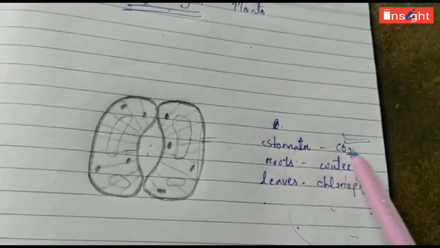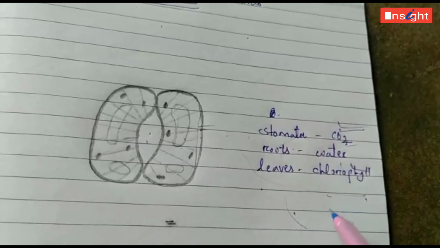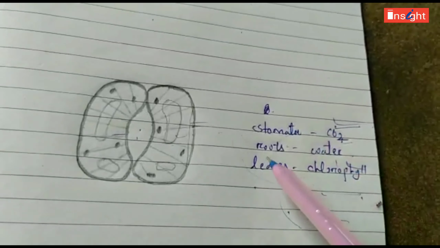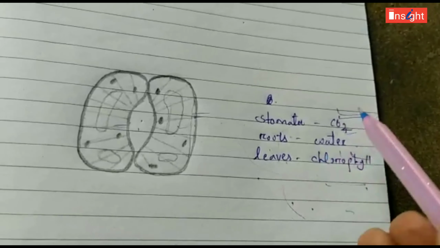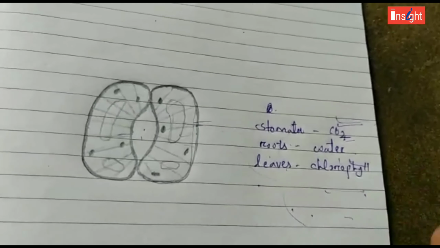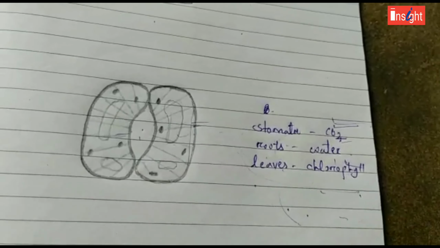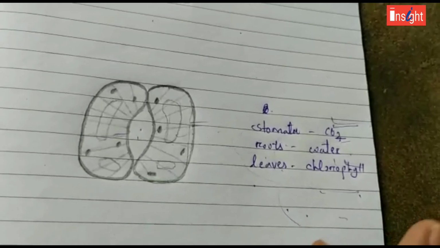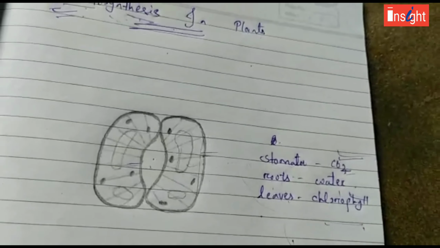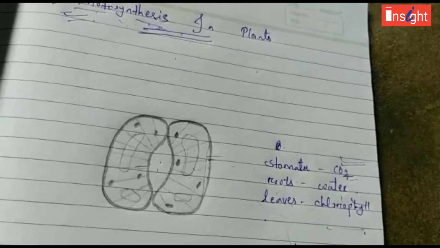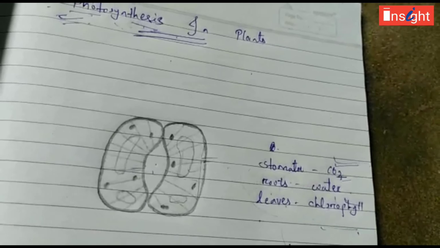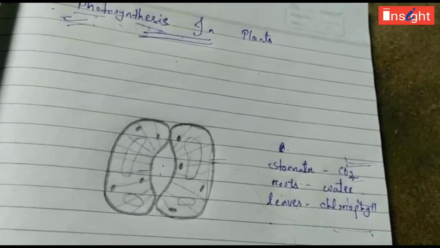So the process of collecting simple substances such as water and minerals from the soil, carbon dioxide from air, and utilizing the sunlight from the sun, and combining them and converting them into a simple substance called glucose, that process is called photosynthesis.